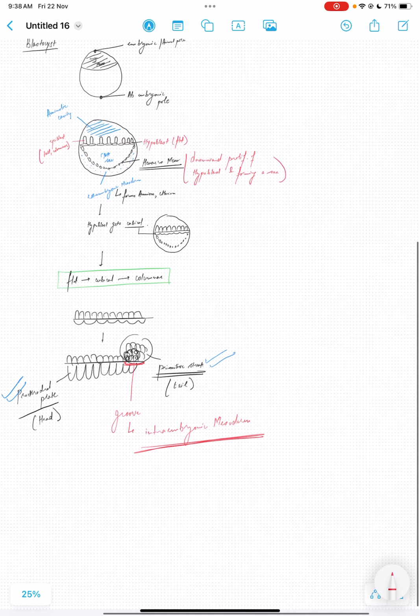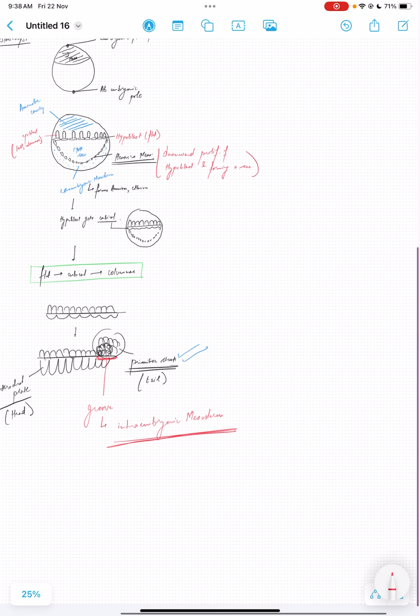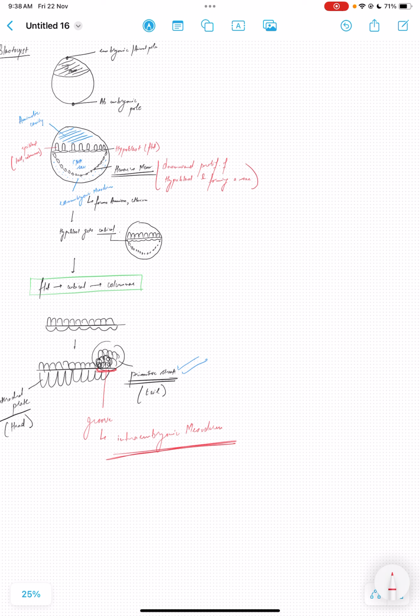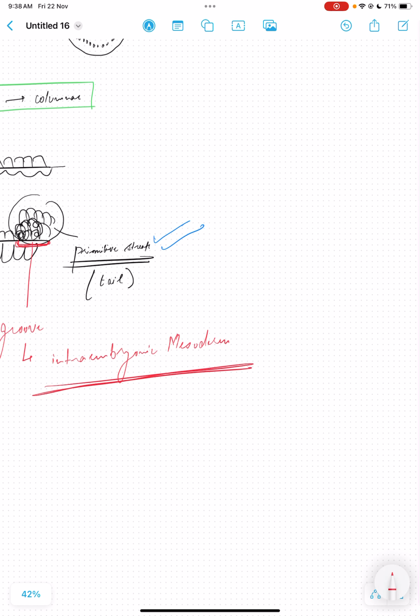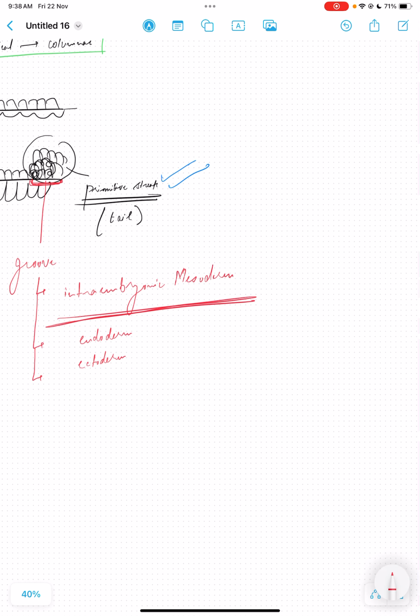So the primitive streak grows in between the epiblast and the hypoblast, and it involves intraembryonic mesoderm, endoderm, and ectoderm. All of them grow till the prochordal plate.